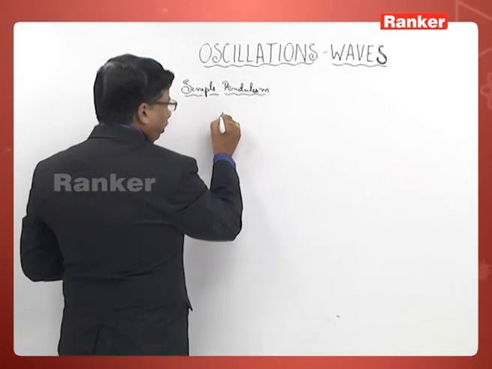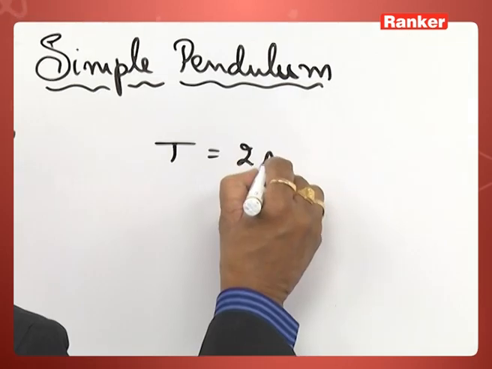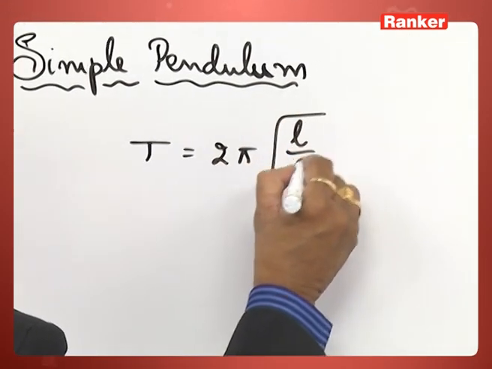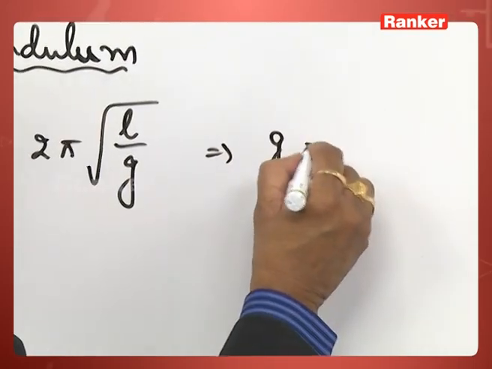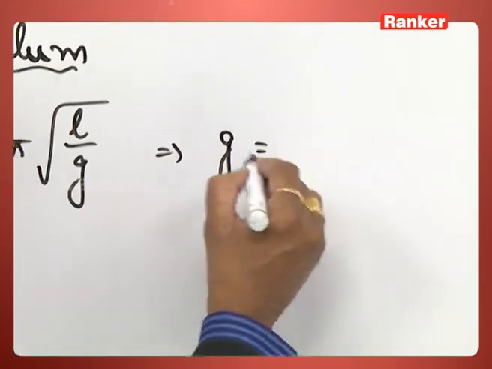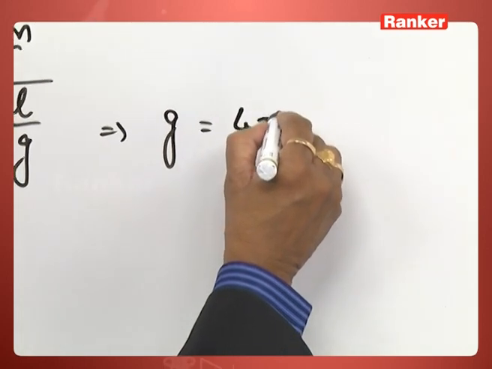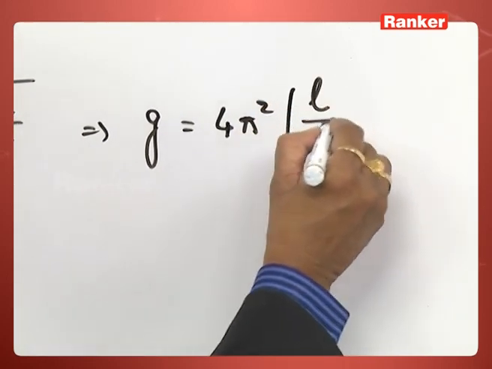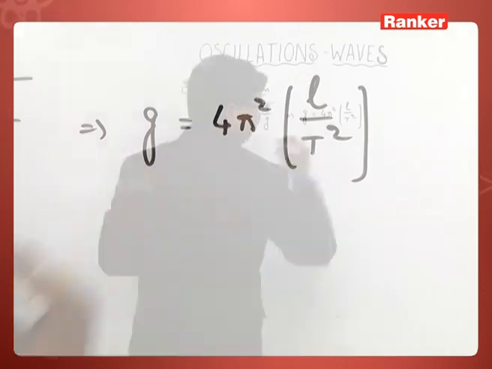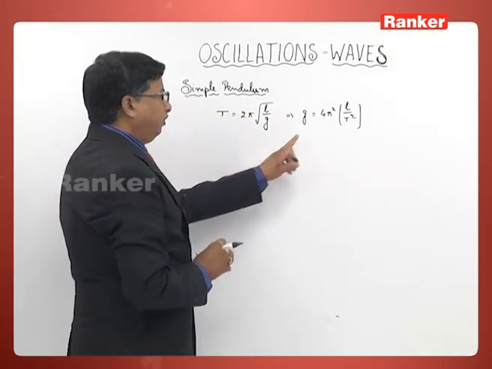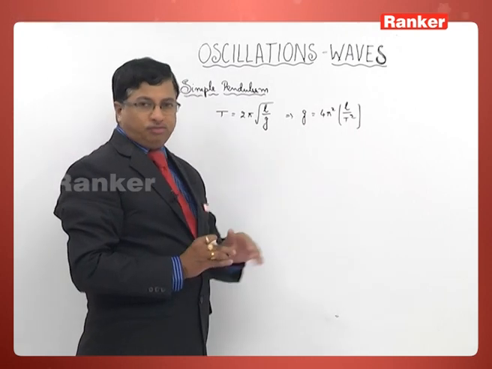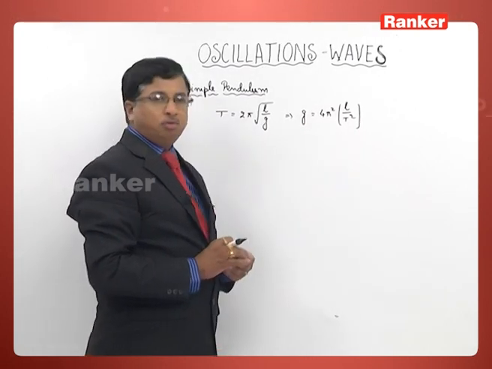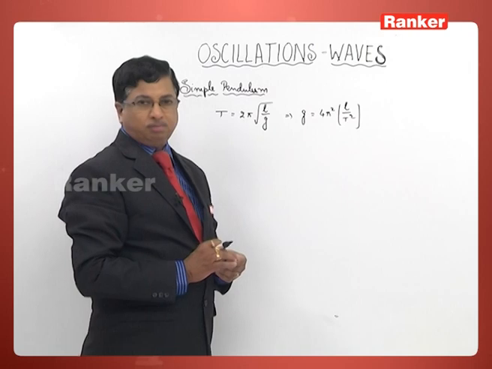Since we know the value of time period of a pendulum as 2 pi under root L by g, we can write that acceleration due to gravity g is equal to 4 pi square L by T square. Everyone can understand that at a particular place, acceleration due to gravity remains constant.